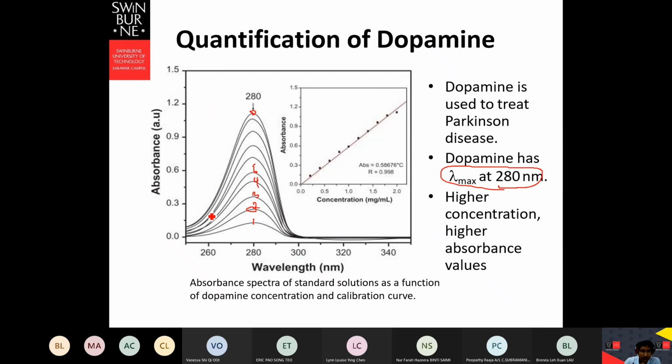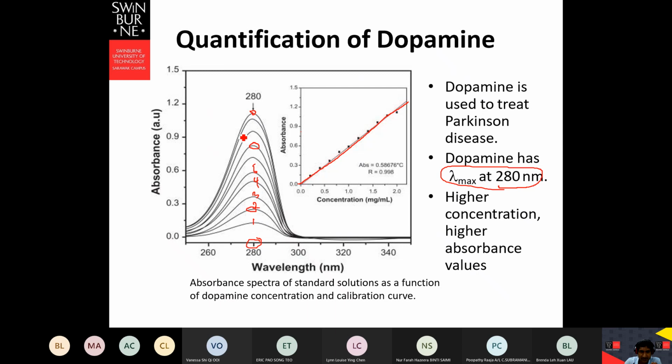And by this way, at the same wavelength, we take different concentrations of dopamine and we do the calibration curve, right? Let's say that this is something that we do not know in our drug, that there is dopamine, and we do not know how much it is.